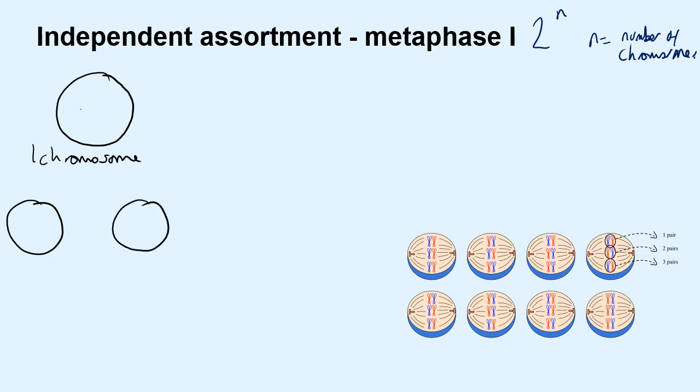So we have the red version and the blue version. When we look at how these can be divided, there are only 2 combinations. So you either get the red chromosome in one nucleus or the blue in the other. So there's only 2 combinations.